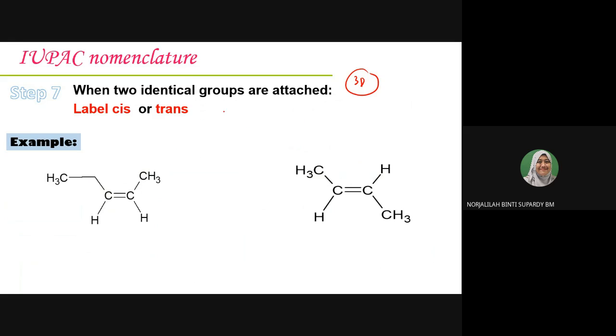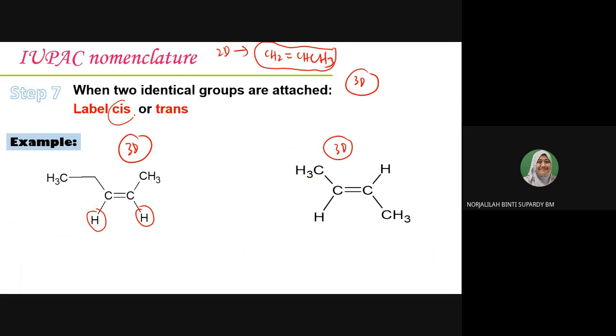It is not CH2 double bond CH3, which is two-dimensional, 2D. So this is 3D. We can see that the hydrogen atoms are at the same side, and same side means that this is the cis isomer.